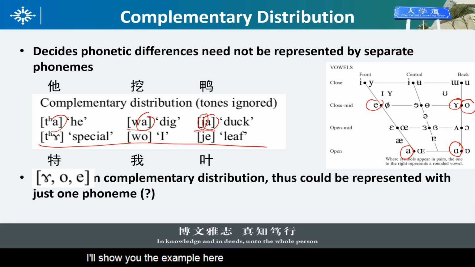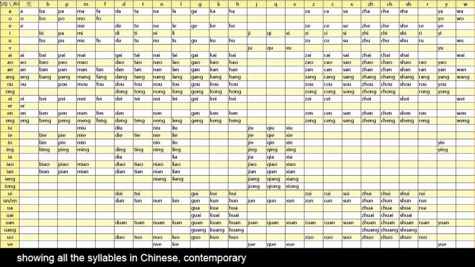I'll show you an example here, because here is a chart showing all the syllables in contemporary Chinese standard language. Look at the second and third lines here. The second row shows the syllables containing o. The third row shows the syllables containing e.